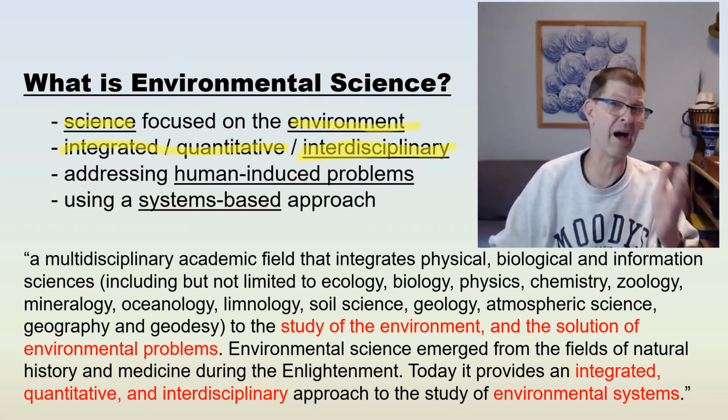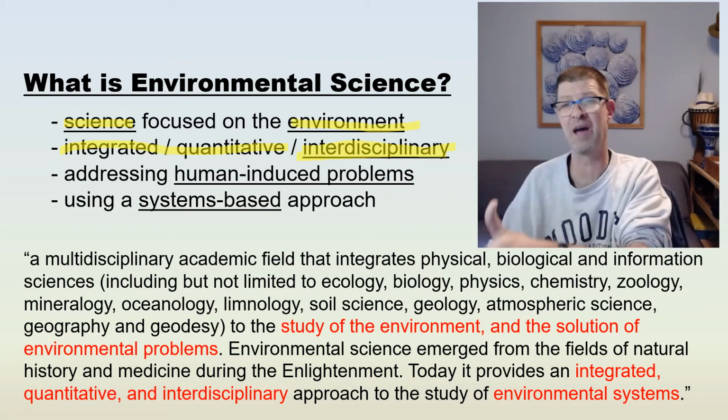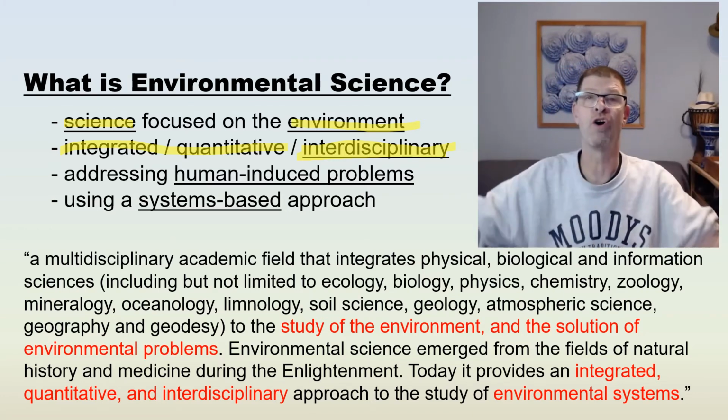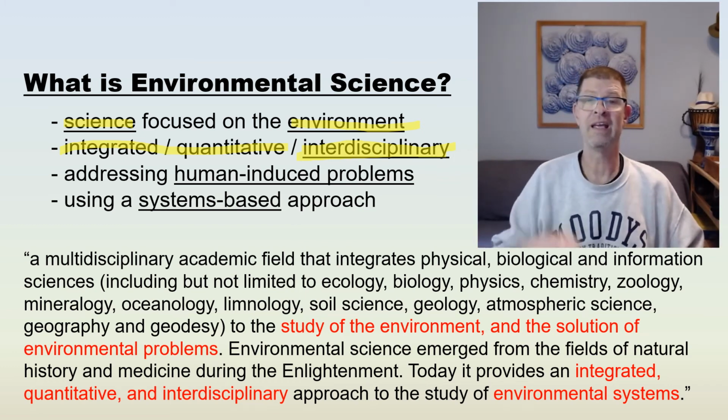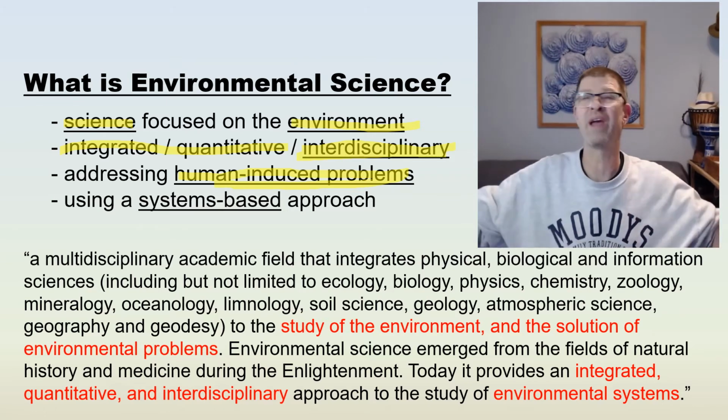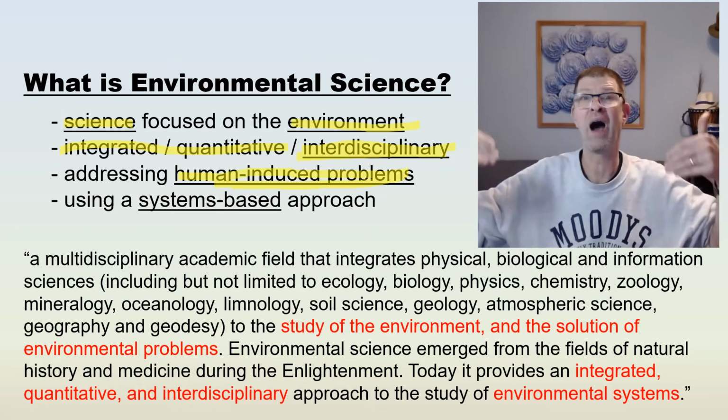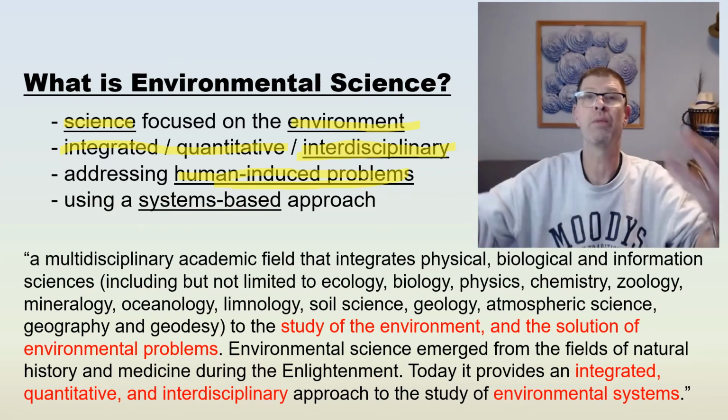It's not biology or geology or chemistry or physics. It's all of them coming together to focus on the environment. It is an applied science because we use it to address human-induced problems, not just questions we have about how the environment works, but how we're screwing it up and how we might be able to fix it.